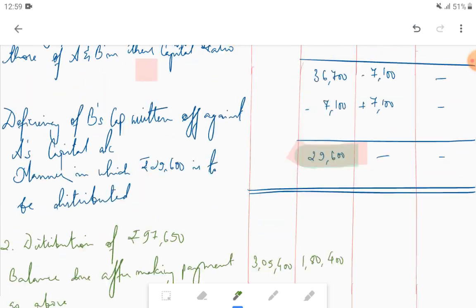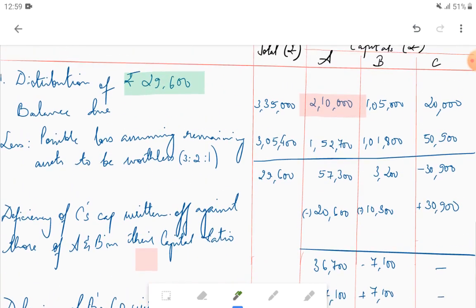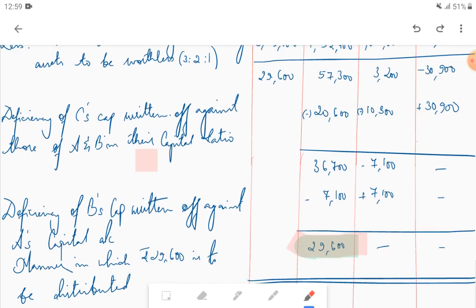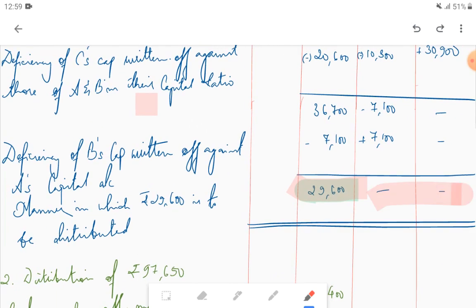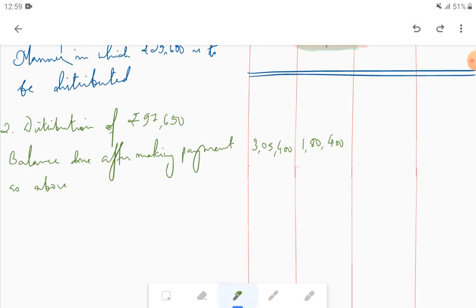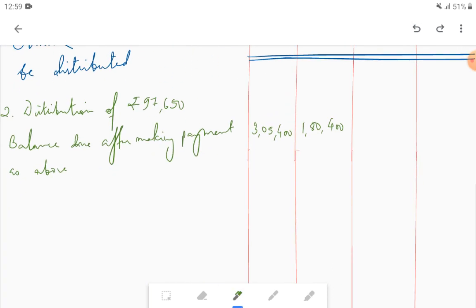In case of partners B and C, they had balances of 1,05,000 and 20,000. Since no amount was distributed to them, their balances will remain the same. So balance due for partners B and C amounts to rupees 1,05,000 and rupees 20,000 respectively.